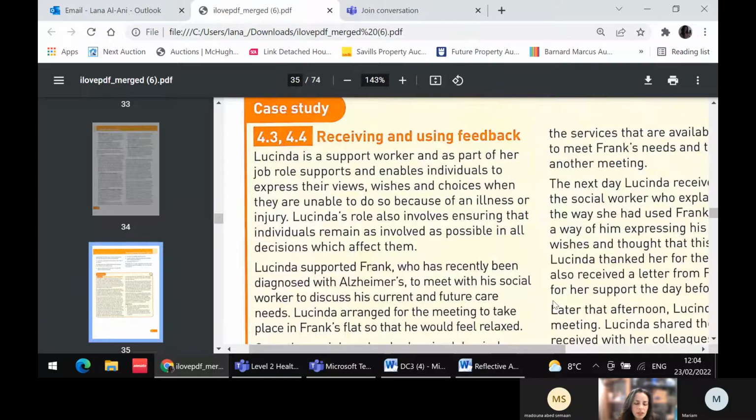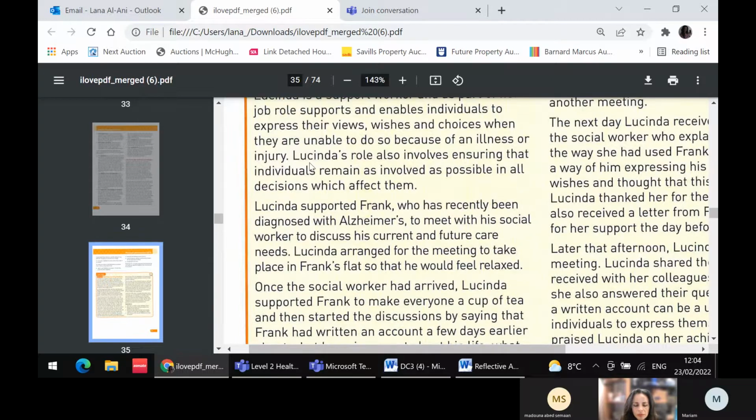So this person is a support worker and has got lots of wishes and choices. She always enables her clients to tell her what they like, what they don't like, and also that she remains as involved as possible in their own care.